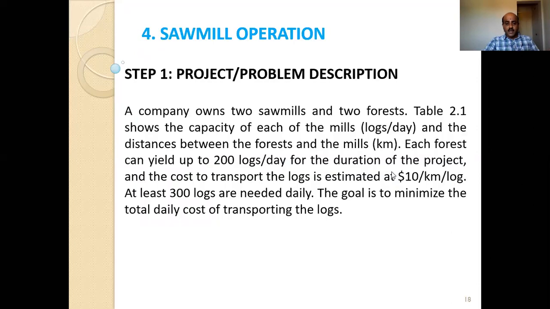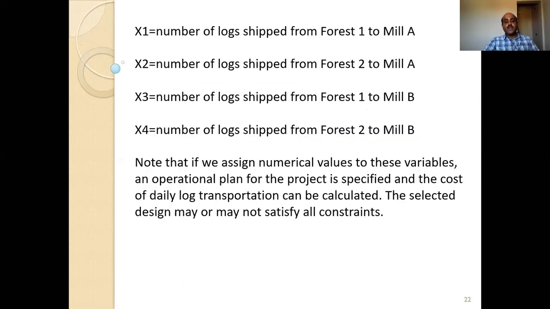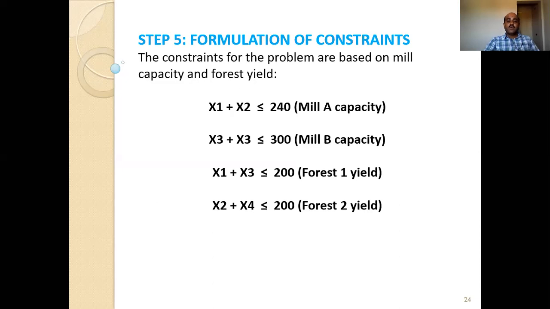Here it says a minimum of 300 logs required, and each forest can yield up to 200 logs per day. You must be very careful about this capacity while specifying the constraints.